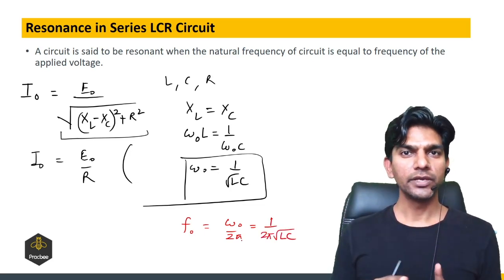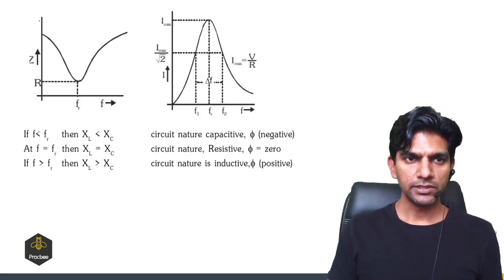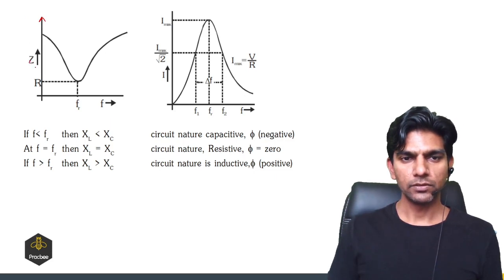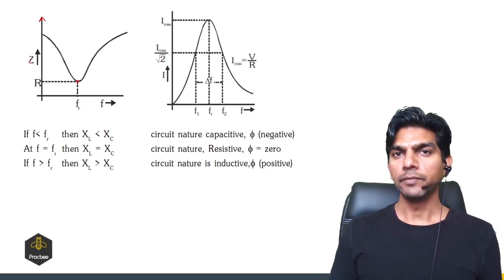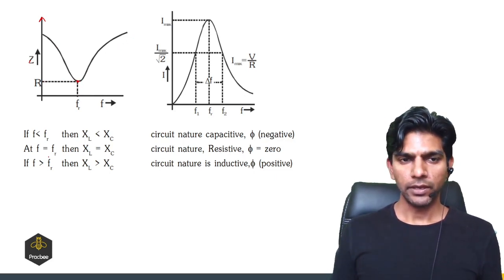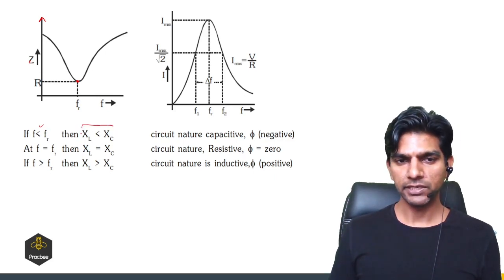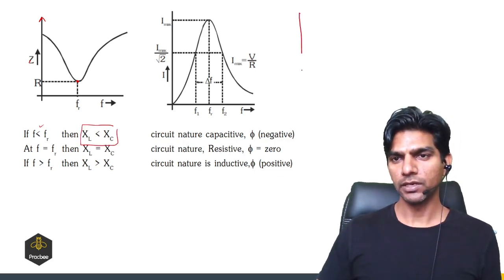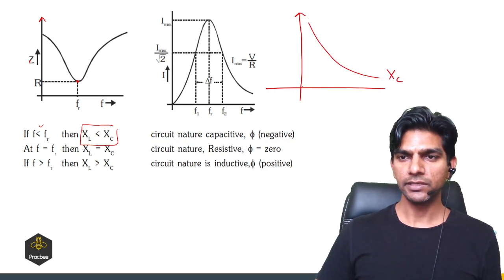Now let us see how the impedance varies if the frequency is changed. So this is the graph. On the y-axis we have impedance, on the x-axis we have frequency, and at the resonating frequency, the impedance drops to a minimum value and then increases. If I show you the graph of reactance, this is the graph for capacitive reactance, and this is the graph for inductive reactance.